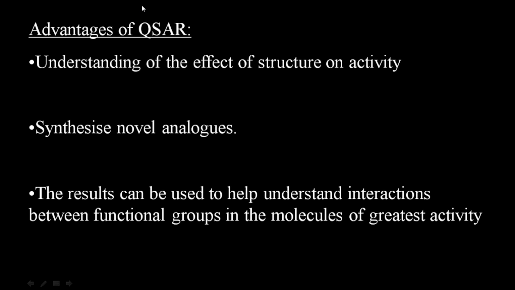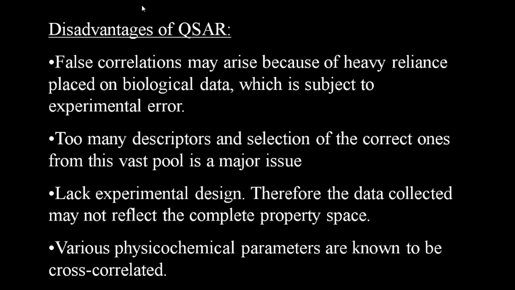Disadvantages, of course, false correlation sometimes may arise because of heavy reliance placed on biological data. Too many descriptors and selection of the correct ones, this is a very important point which I did talk about. Too many descriptors, how do I select the ones which I think are the correct ones?